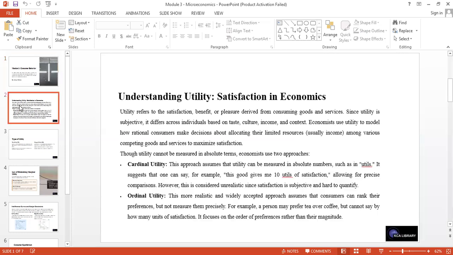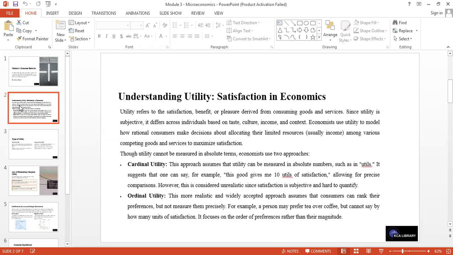When we talk about utility, we look mainly at satisfaction. Utility refers to the satisfaction, benefits, or pleasure derived from consuming goods and services. So this is the satisfaction, the benefit, the pleasure that is derived from consuming a particular good or service.